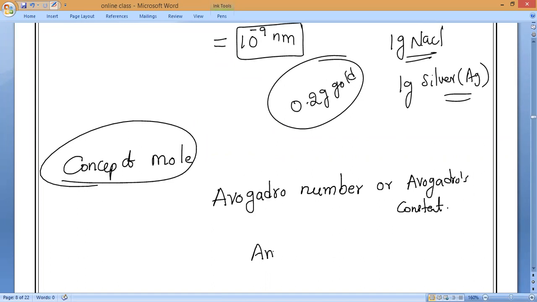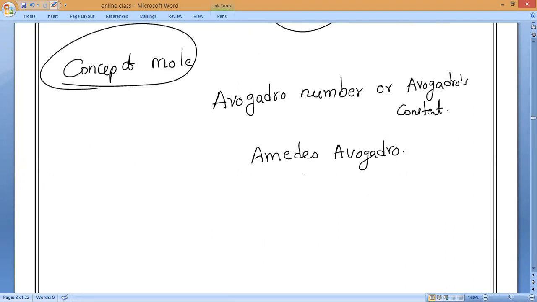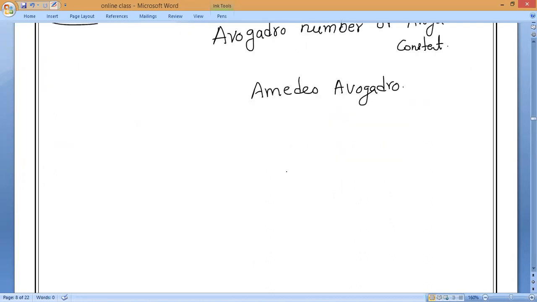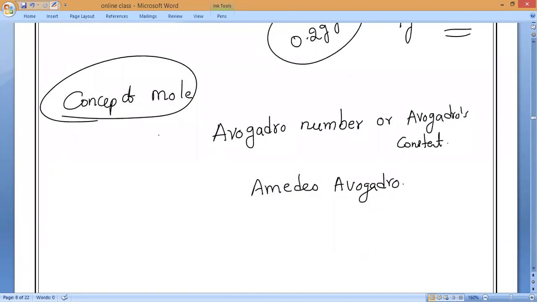What is the scientist's name? Amedeo Avogadro. In honor of his name, we call this mole concept also Avogadro's number, or Avogadro constant. Okay. Now, what is this mole concept and what is this Avogadro number? Let us study that.